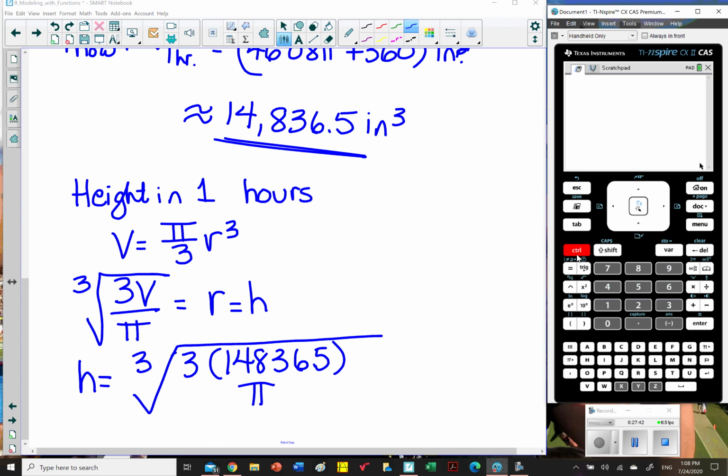Clear up my calculator. We want the cube root of 3 times 14,836.5 divided by pi.